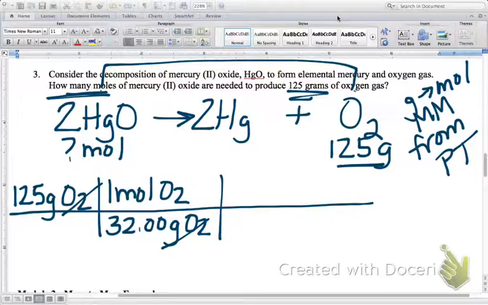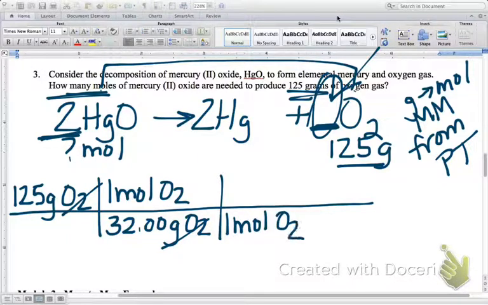Okay? So now what I need is the mole-to-mole ratio between the oxygen and the mercury 2 oxide, the HgO. All right? Looking at the balanced chemical equation, how many moles of oxygen are in that balanced chemical equation? What's the coefficient for the oxygen? 1. The coefficient for the oxygen right here is 1. So 1 mole of oxygen, and I'm going to put that on the bottom. Why do I need to put the oxygen on the bottom and not on the top? We want moles of oxygen to cancel out. That's exactly right.